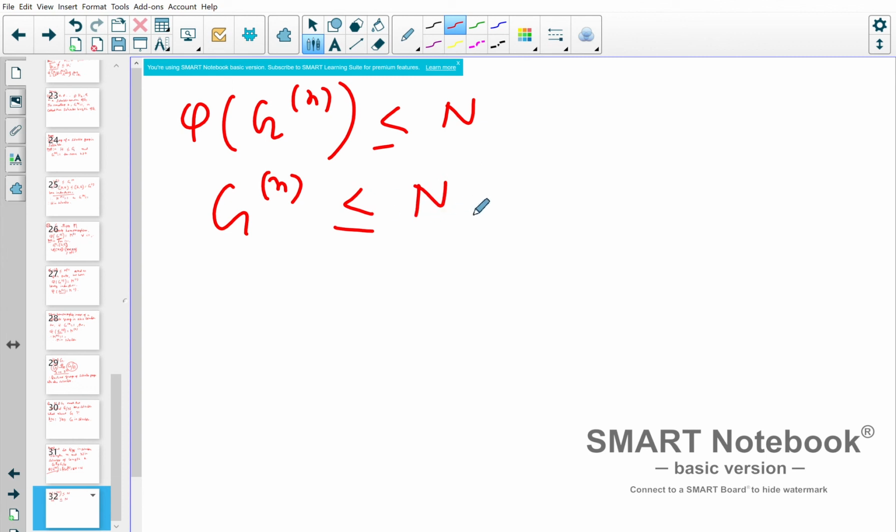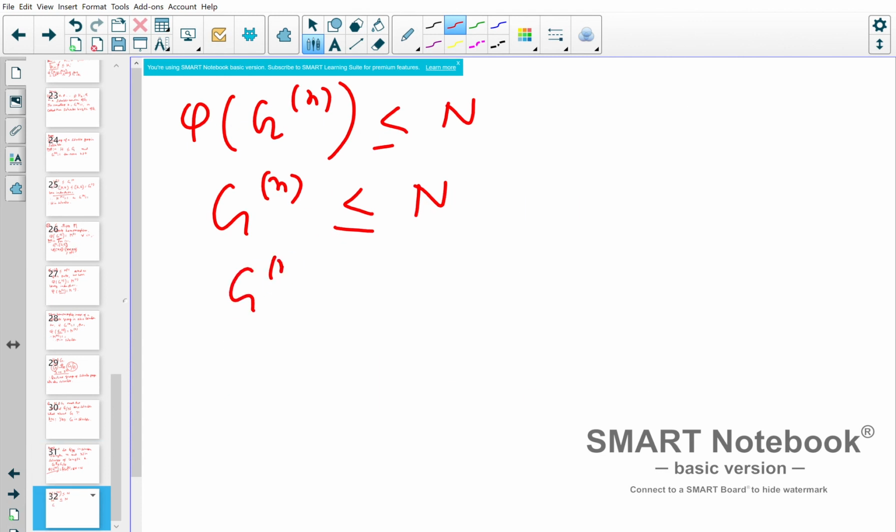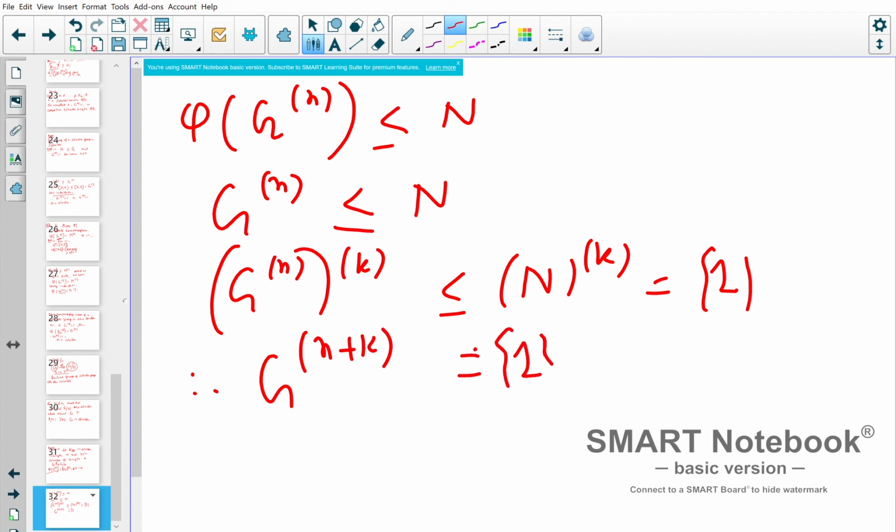But also you know that N is solvable, of length I assume k. So if you go over k more steps, then it will be N^(k), right? But you know that N^(k) is the identity, so this is identity. What does that mean? That means the (n+k)-th derived subgroup of G is actually the identity, and that means G is solvable.